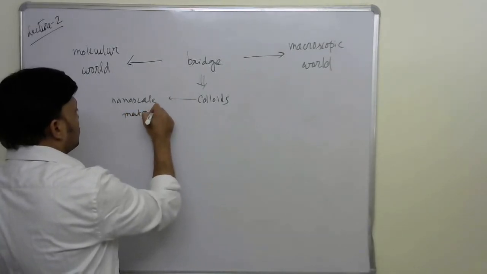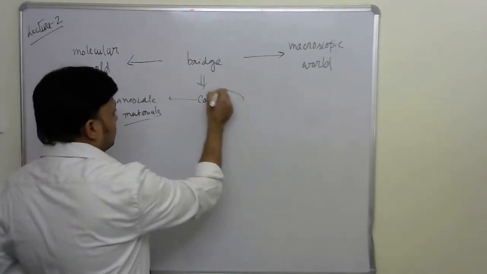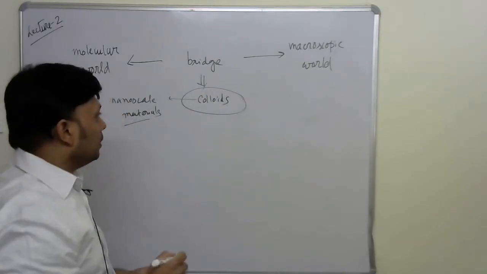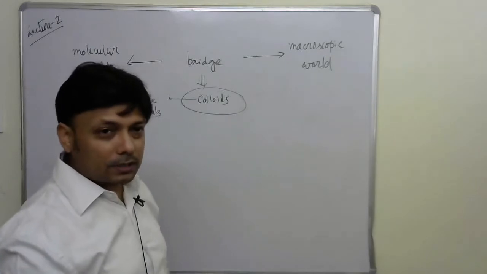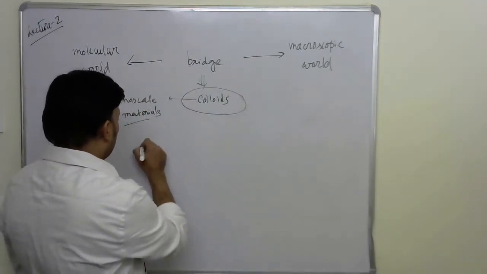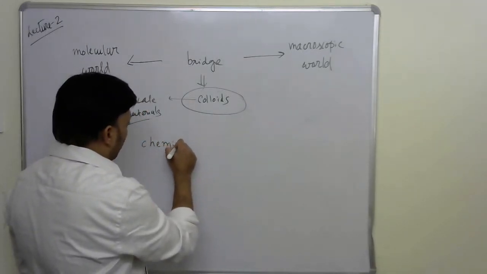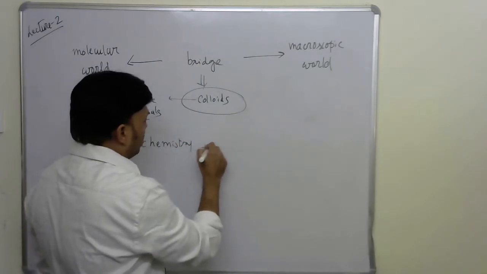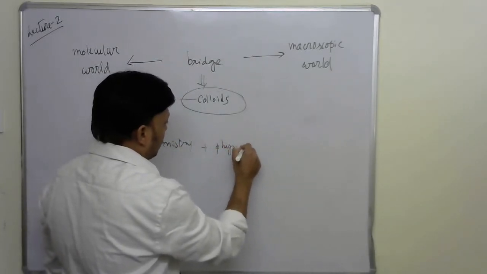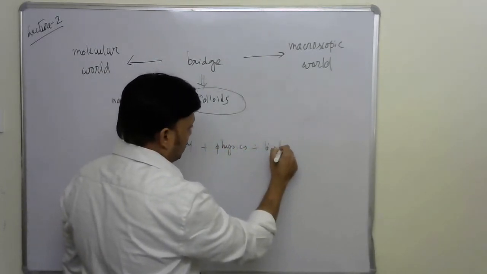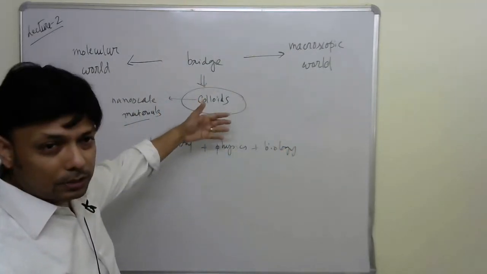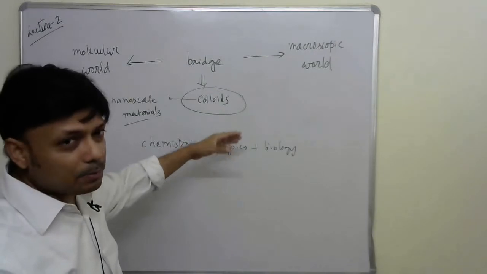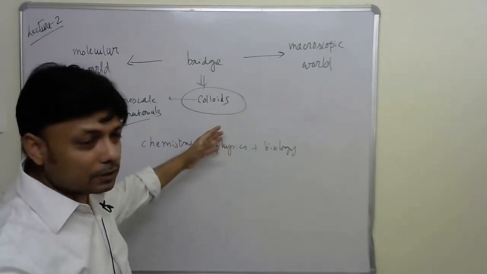Okay, so as you see, to encounter or study colloidal materials, one has to have knowledge of chemistry, physics, and basic biology, because many biological entities are in the colloidal range, like proteins, DNA, viruses, bacteria, biomolecules.